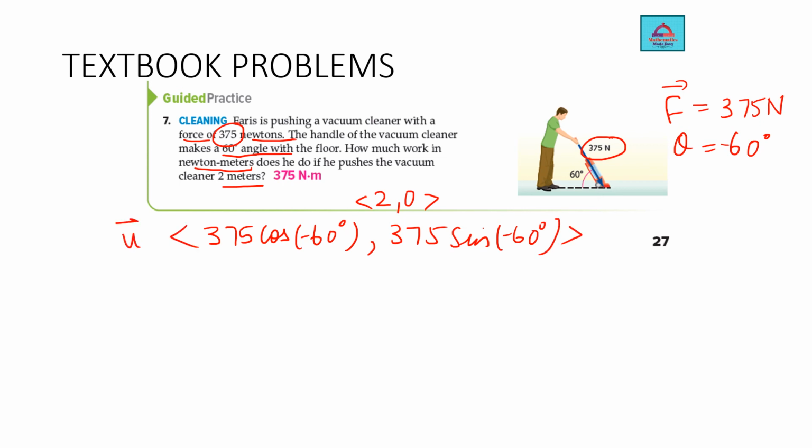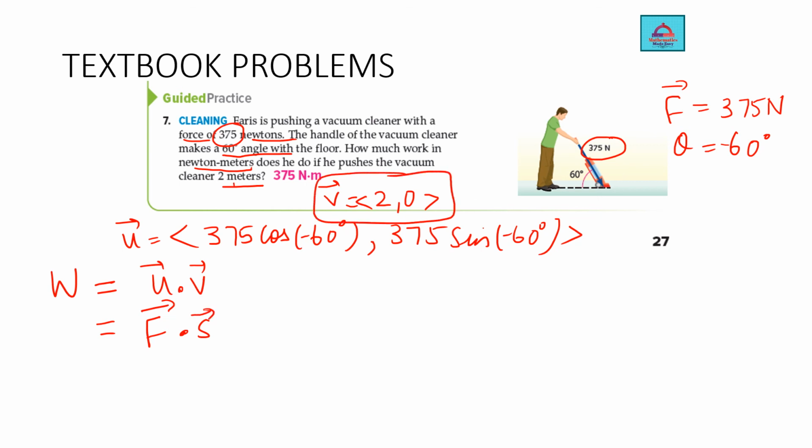This is like vector u, this is like vector v. We need u dot v, because we are calculating work done, and work done is the dot product of force with displacement. What is the displacement? This one. How much displacement? 2 meters. What is the force? 375 cos minus 60 and 375 sine minus 60.